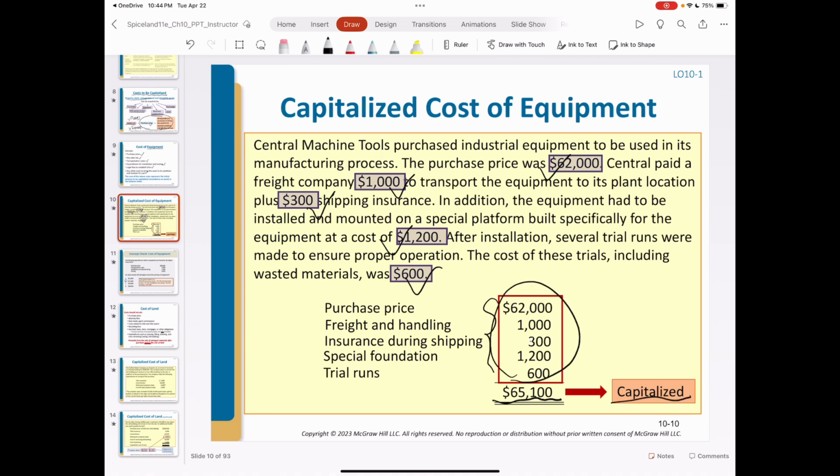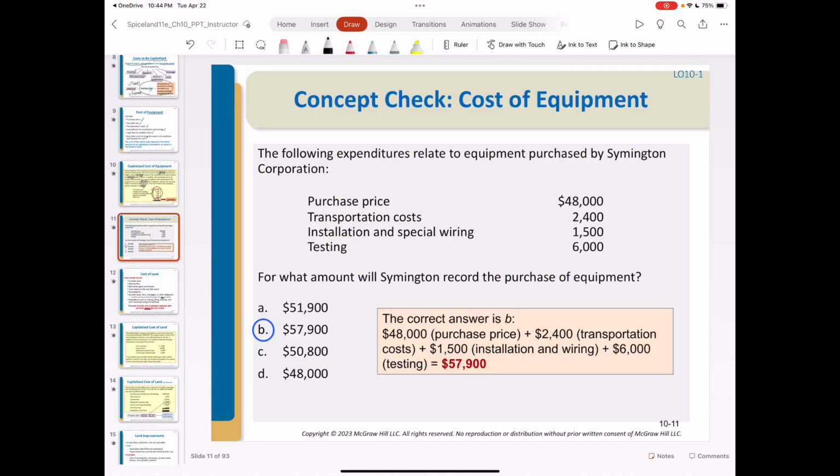These expenditures will not be recorded as expense in the income statement. They are recorded as assets. We are asked to calculate the amount this company records for the purchase of equipment. Purchase price, transportation cost, installation and testing, all of them, because they are all necessary to get the assets ready for intended use. So the answer is 57,900.